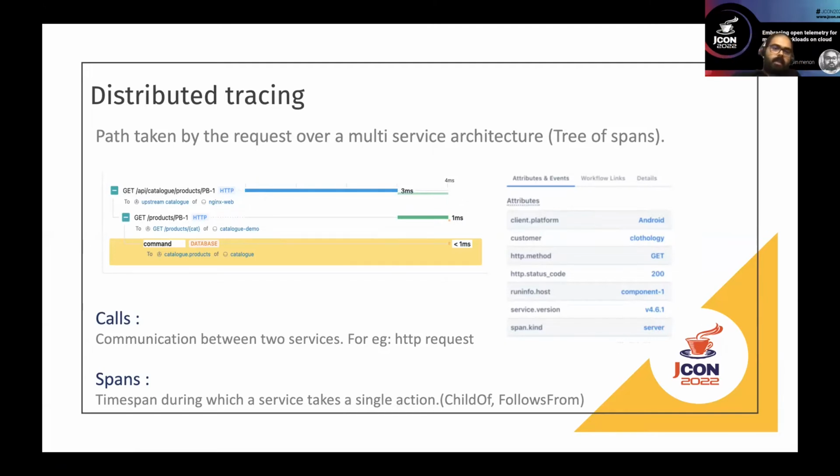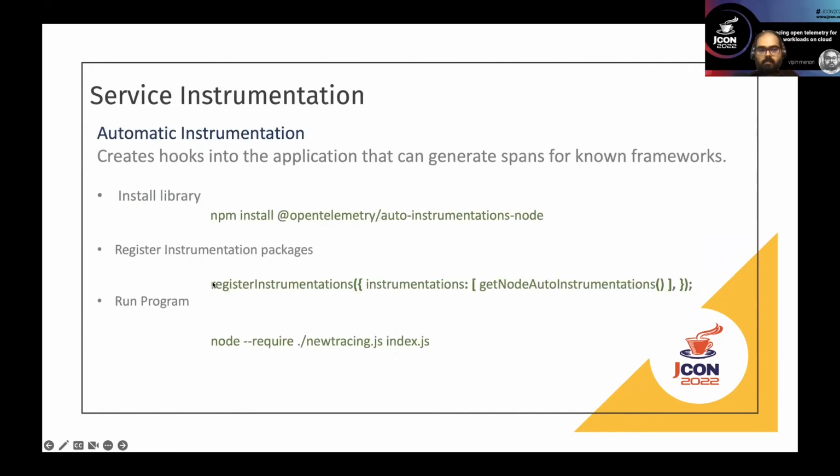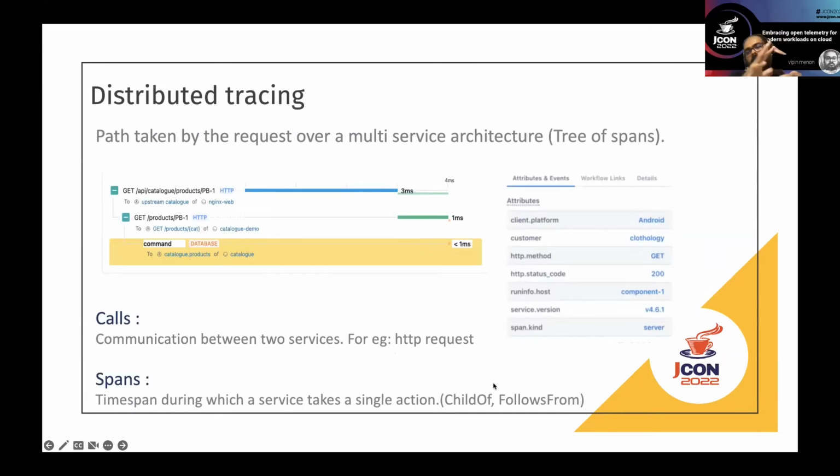As I mentioned, the HTTP request is basically known as a call. When a call happens, there can be communication between two services, which is basically defined as a call. And the spans are nothing but a single action, the time taken for that particular service.